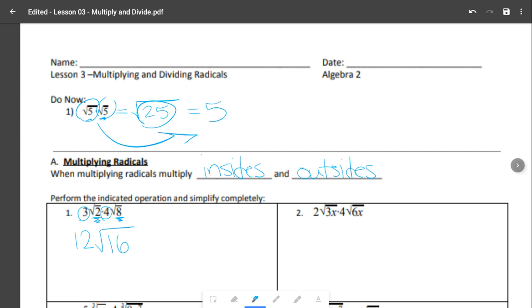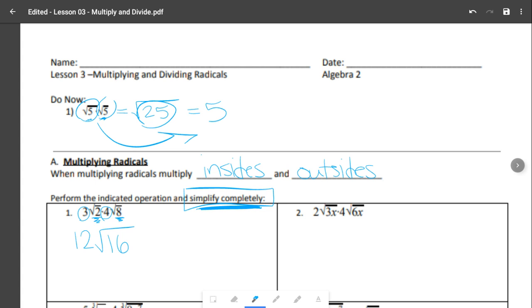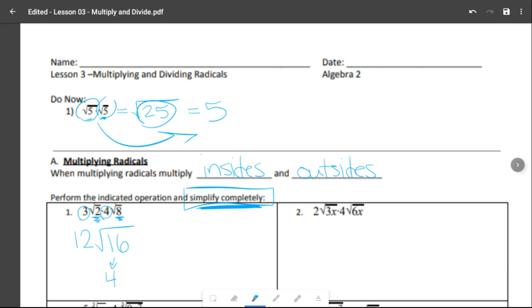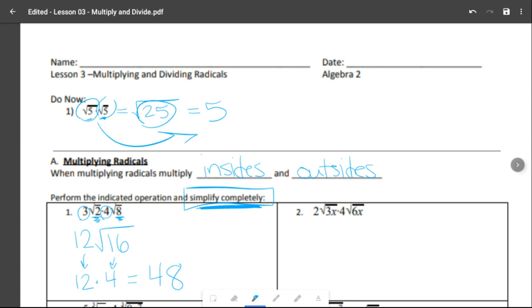From here, you do have to make sure that you simplify, because here are our directions, and they do say simplify completely. So radical 16, we should know, comes out as a 4. We're going to make sure that we bring down the original 12 on the outside to multiply with this new 4 that came out, and 12 times 4 gets us 48.